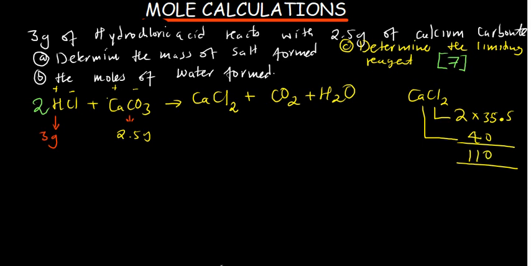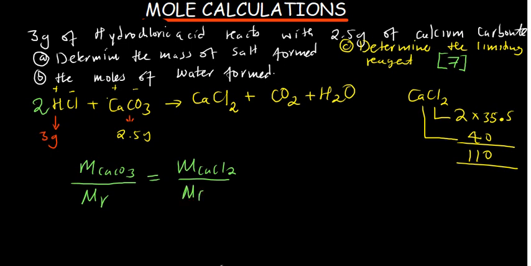So we can now determine, we know the limiting reagent. That's the one that we're going to use to see the amount of product formed. We're going to say the mass of calcium carbonate divided by the molar mass of calcium carbonate should be equal to the mass of calcium chloride divided by the molar mass of calcium chloride.